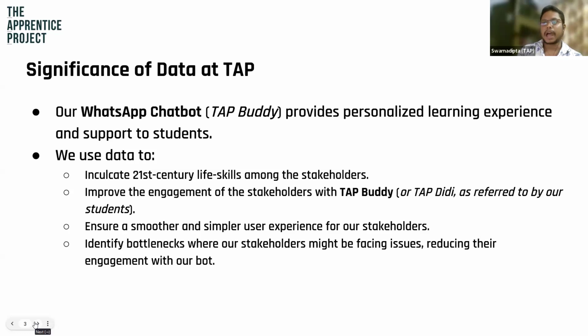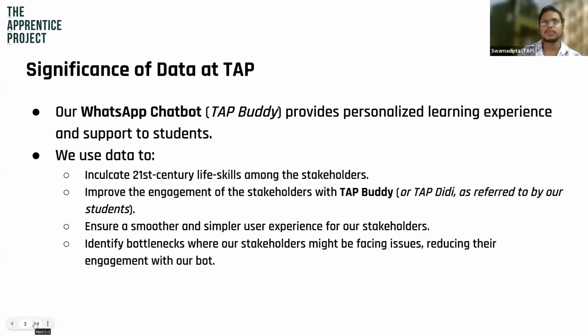So how do we use this data? Our data is mostly collected through our chatbot, which is an AI and ML model largely driven with the support of Glyphic. Firstly, we try to inculcate the 21st century skills, like we said. Furthermore, we try to improve engagement.